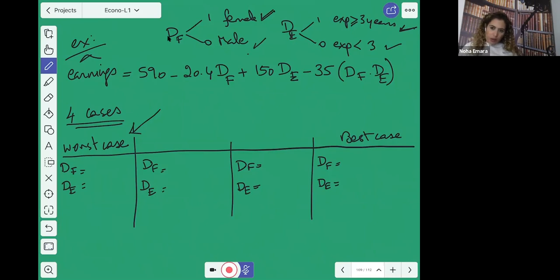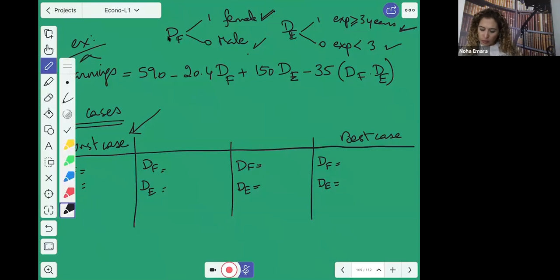So the worst case, as Dan typed, and as you guys said on the chat, would be a female, so this one has to be 1, and less than 3 experience.